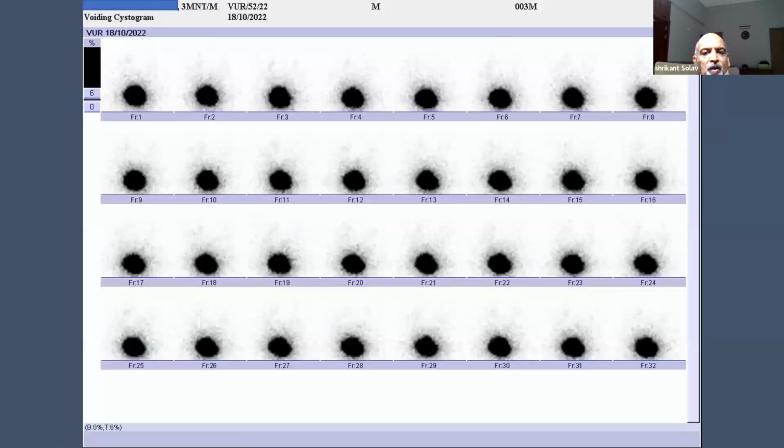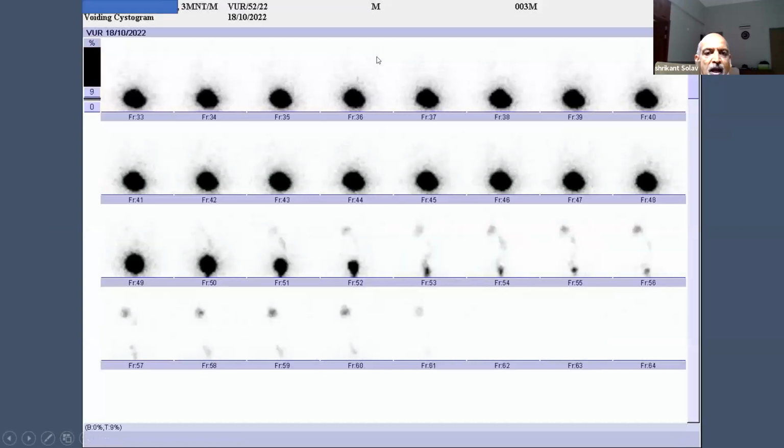So here, you can see the same patient, the kidneys are virtually not visible. And as the child voids, there is nice reflux of tracer into the left side. So this child had left-sided vesicoureteric reflux, which was manifest on direct isotope cystogram following a diuretic renal scan, but after having enhanced the urinary bladder activity.